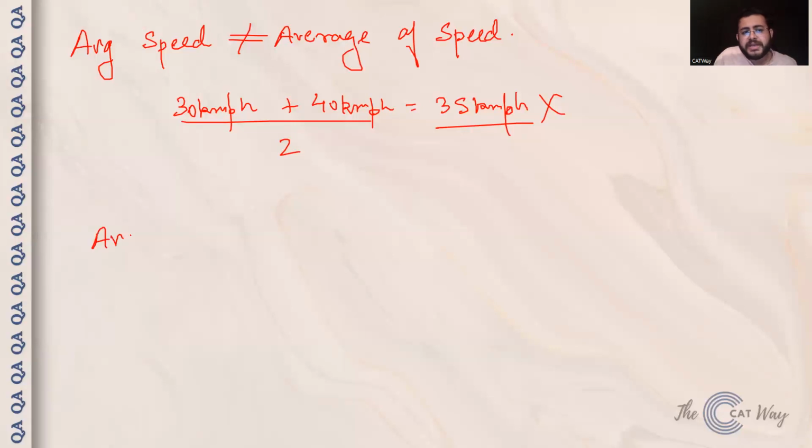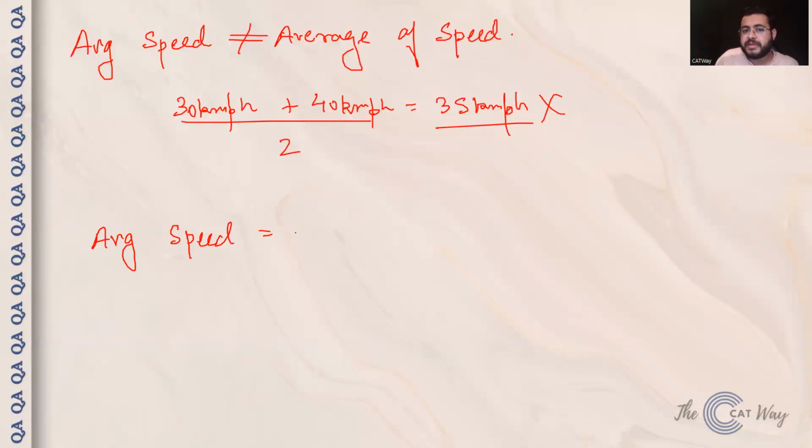Then what is average speed? We know that speed is distance upon time. So what is different in the average speed situation? In questions, a certain distance is traveled at a certain speed, then some part of the distance is traveled at some other speed, and some part at yet another speed. Eventually we have to do the same thing, that is distance upon time.